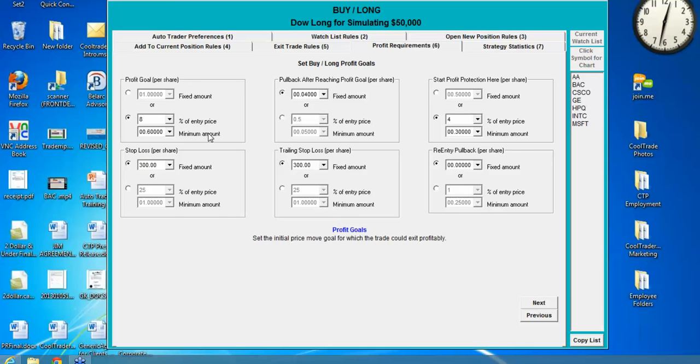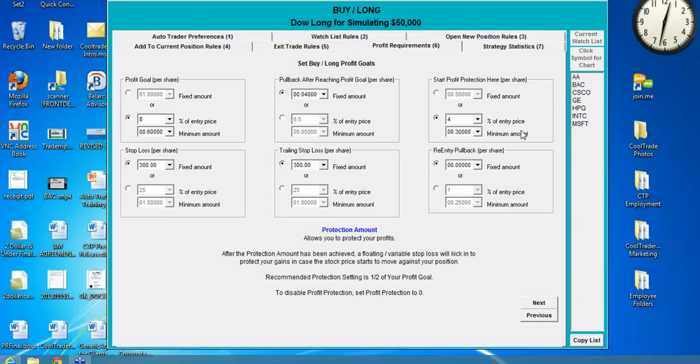Okay, but let's say that you don't get to the 60 cents. You can set the robotic trader to say, hey, if I get 30 cents, I don't want to let that go. So let's say that we get to 30 cents. What's going to happen then is a floating variable stop loss will engage, and it'll continue to tighten up as we get closer to our profit goal.